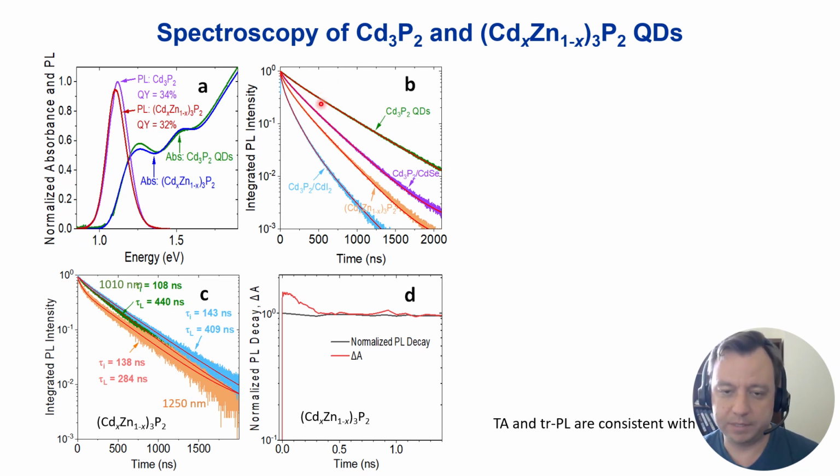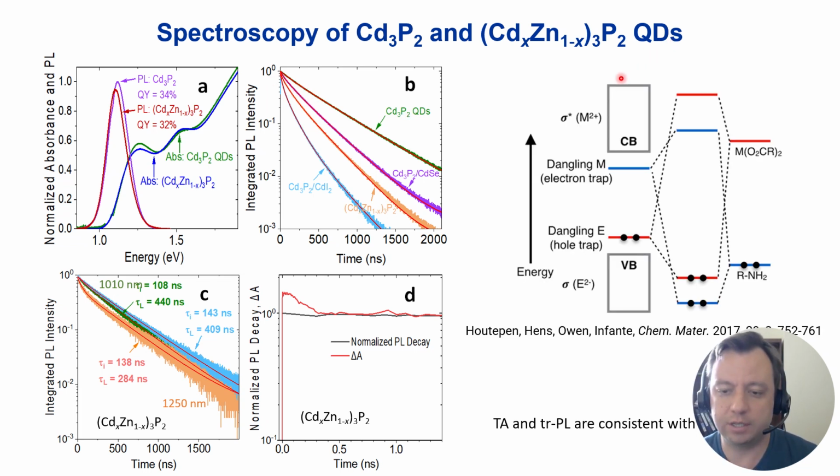For example, cadmium selenide has an emission time of 20 nanoseconds. Here we observe hundreds of nanoseconds, which suggests that emission is not band edge, but the hole gets trapped at a surface phosphorus atom. The phenomenon is similar to what was described for II-VI semiconductor quantum dots.